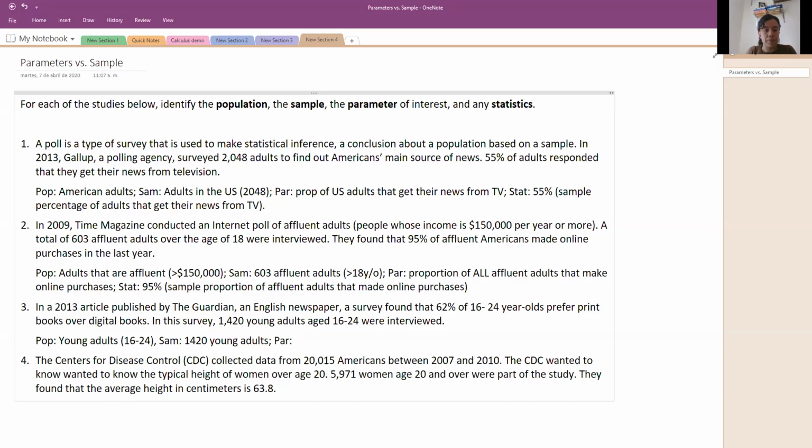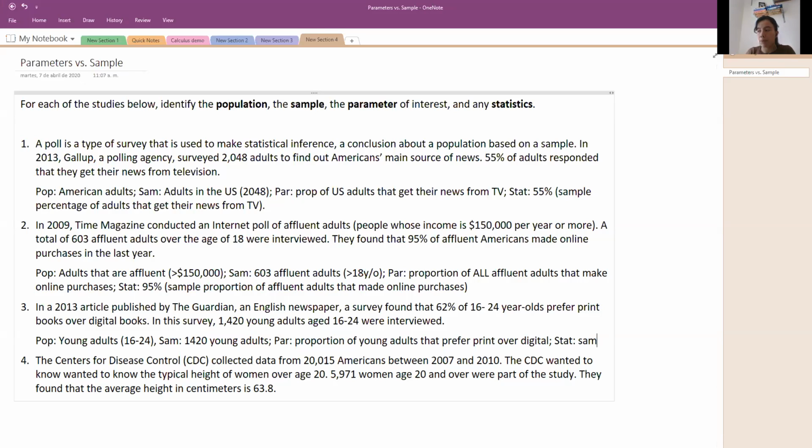The parameter is the proportion of young adults who prefer print books over digital. That's right. And then the statistic is the corresponding proportion for the sample, right?